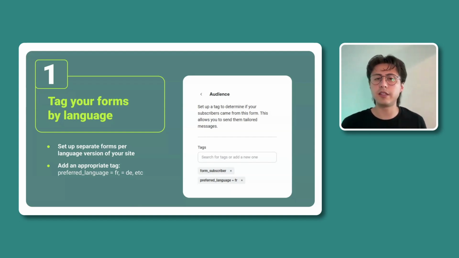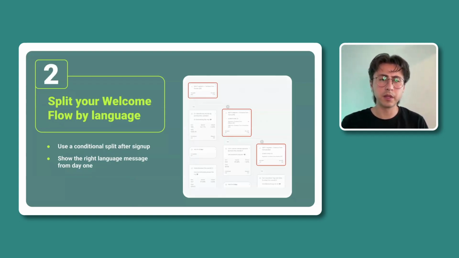If you're able to also set this up in other forms or other sources where you are gathering context, if you're able to get information on which country or which language the customer is coming from, try to apply it too, to make your life simpler and to always be on target when communicating with your customers.